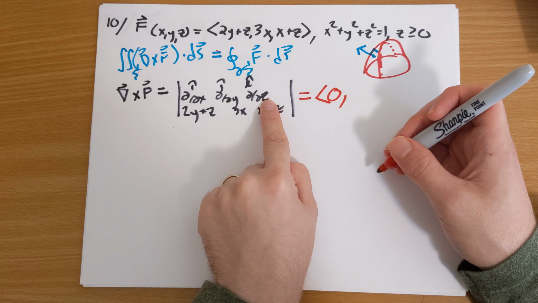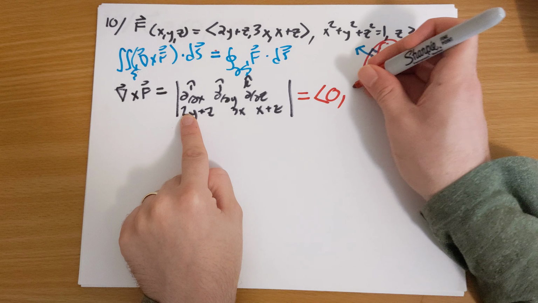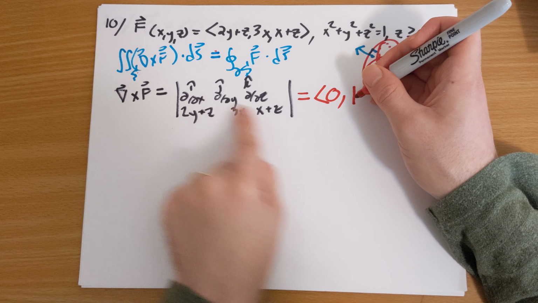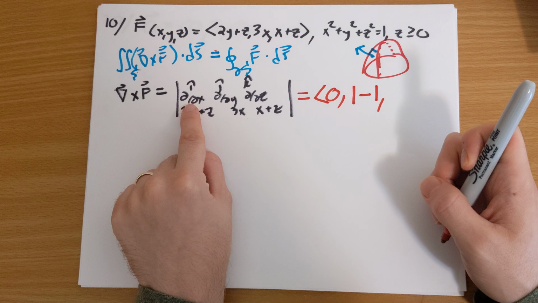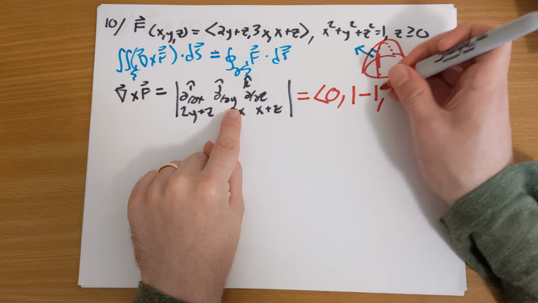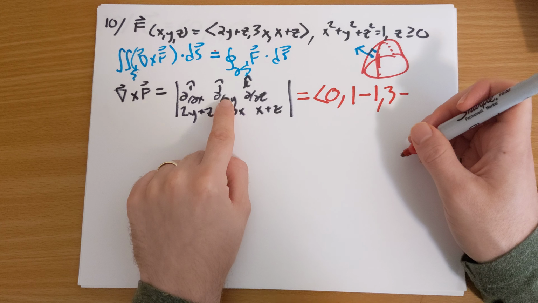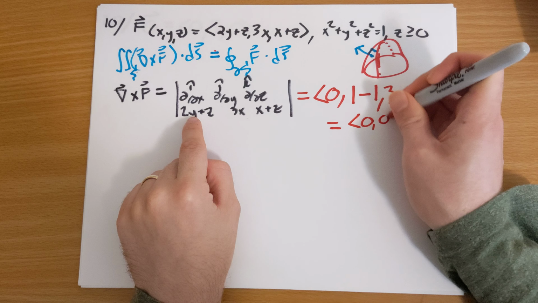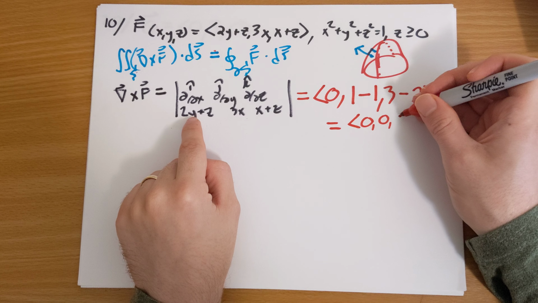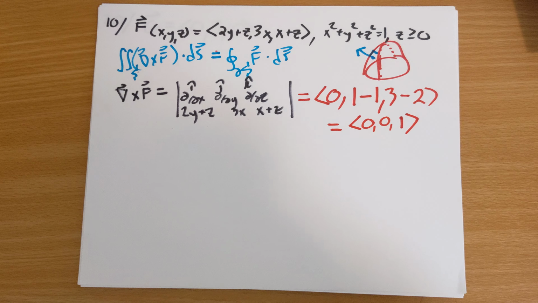The partial derivative with respect to z of 2y plus z is 1 minus the partial derivative with respect to x of x plus z is 1. And then the partial derivative with respect to x of 3x is 3 minus the partial derivative with respect to y of 2y, which is 2. This is the vector 0, 0, 1. Okay, so that is one calculation we'll have to do.